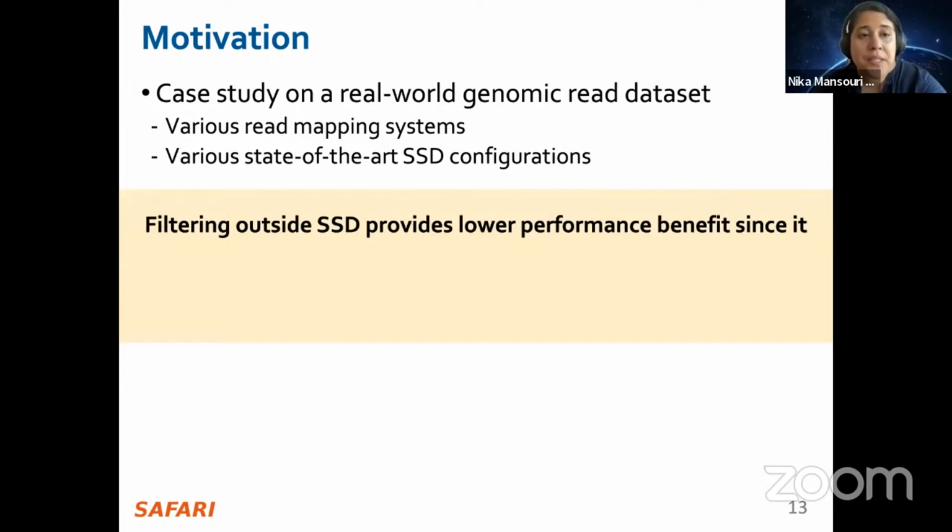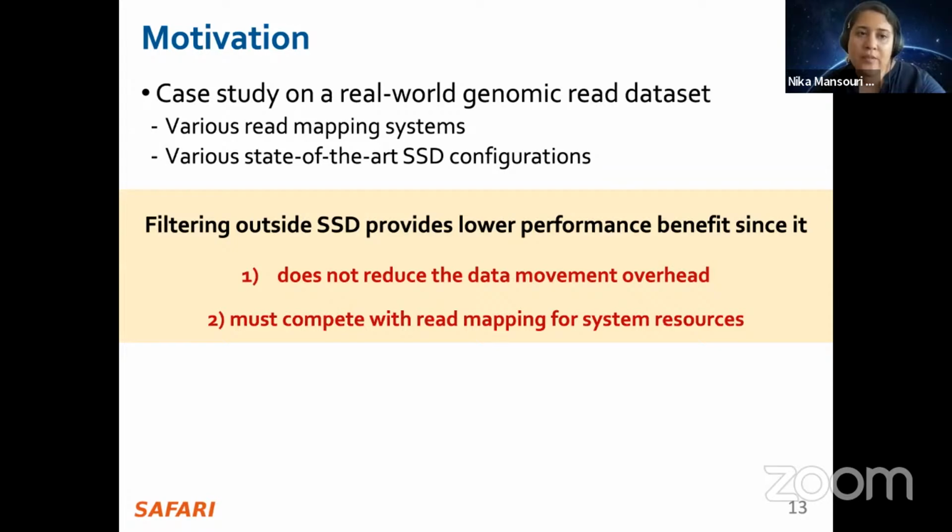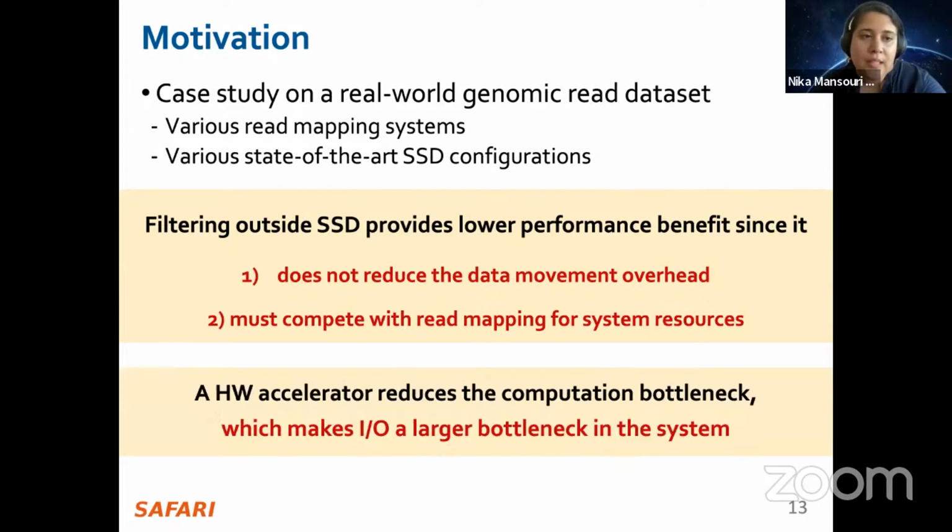Second, filtering outside the SSD yields a relatively lower performance benefit because it does not reduce data movement overhead from storage, and it also must compete with read mapping for other system resources. And finally, we observed that a hardware accelerator reduces the computation bottleneck, which makes I/O an even larger bottleneck in the system, which in turn necessitates developing in-storage filters.